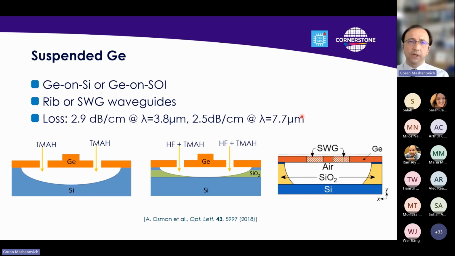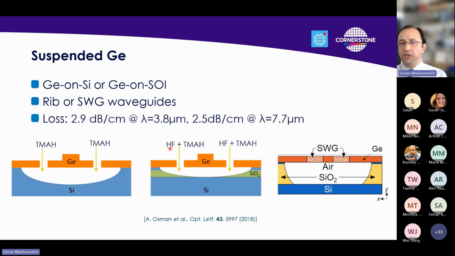And finally, we can use suspended germanium. So either use TMAH etchant to remove silicon underneath the germanium, or what actually we've done, we thinned down SOI to 40 to 60 nanometers. Then there was growth of germanium on top of that thin SOI.